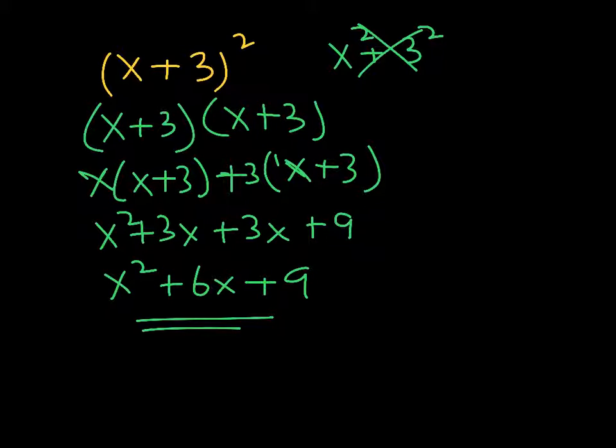Remember in our lesson on factoring perfect squares, we can recognize this as the first term is squared, the last term is also squared. We can write 9 as 3 squared, and then the middle term is 2 times x and 3, which is 6x there. So this is a perfect square.